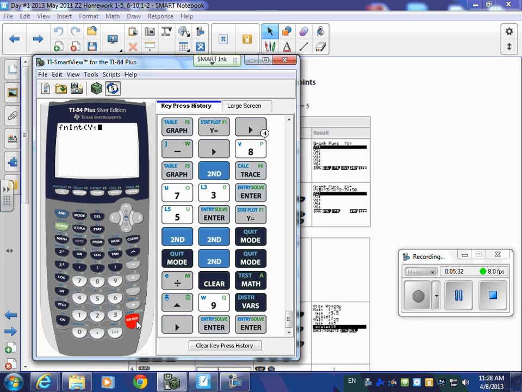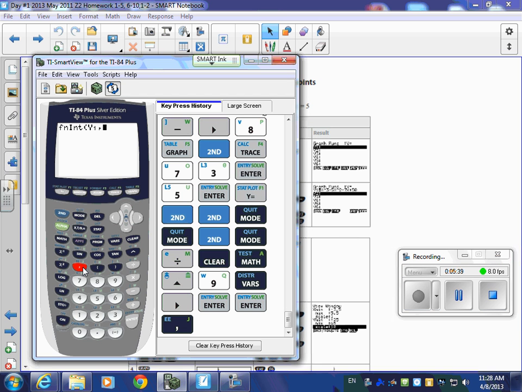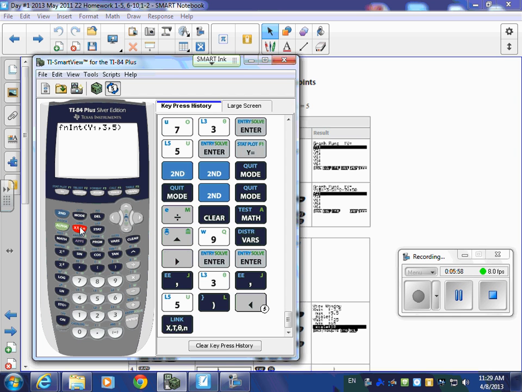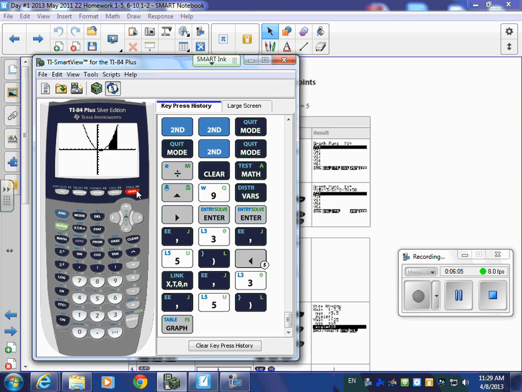Then put, here's the important part, do a comma, then do a low comma high. So let's say we went from 3 again to 5. Notice that I went, oh, this isn't going to work. What did I forget? X. I got to put an X in. It's a programming deal. Got to go X, comma, 3, comma, 5. Okay, and so there you go.